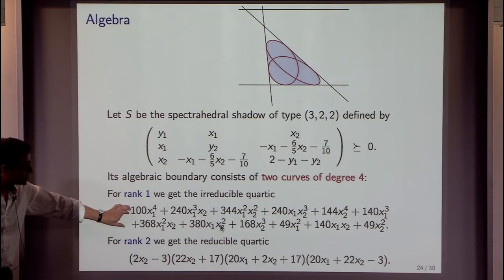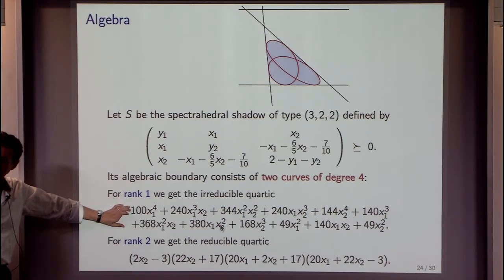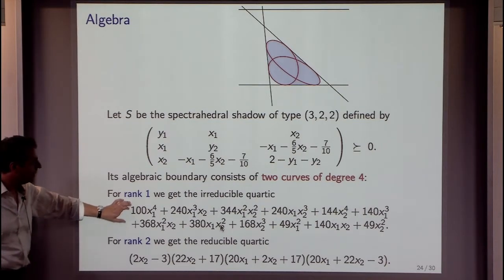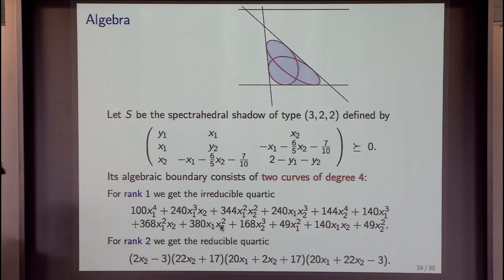The preimages upstairs, the general preimages, will have rank 1. So the rank 1 part of the exposed boundary upstairs gets mapped to the red part of the boundary. That's an irreducible curve of degree 4. There are also 4 lines in the plane that form an irreducible curve over Q, and that's the other part.